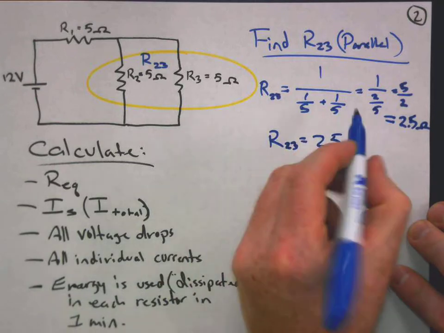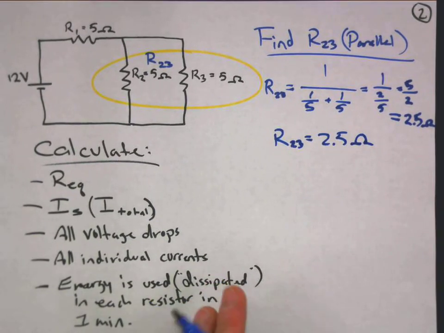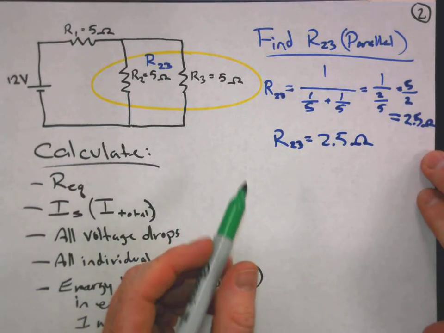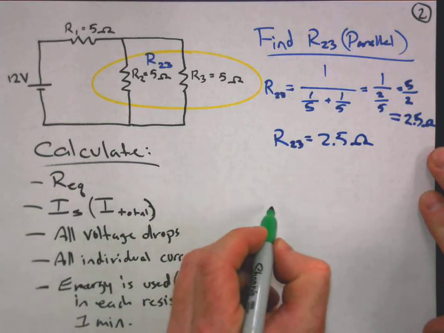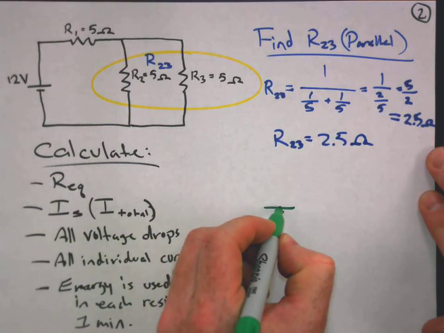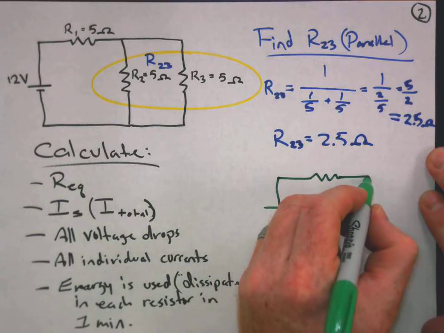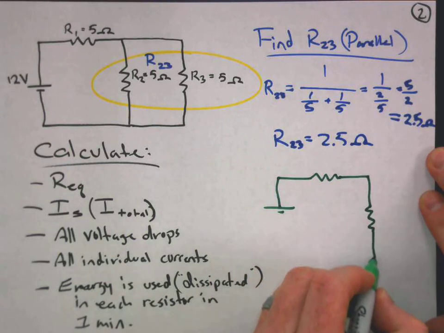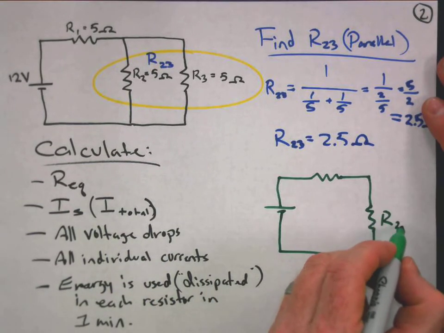So I'm going to rewrite it so it's perfectly clear. Okay, now that's not an answer I need all by itself, but it's a step in the right direction. And so I'm going to do a redraw. I'm going to go green on my redraw of the circuit. I've got those two combined now into R23. So I have a voltage source, and I have R1, and now here I've got this guy, and I will call this R23.